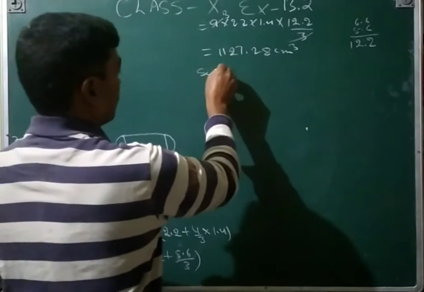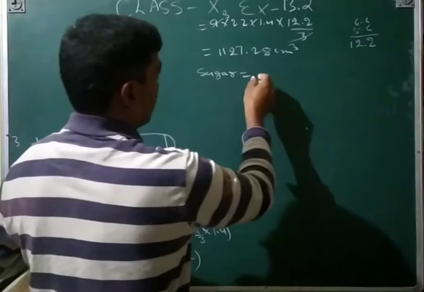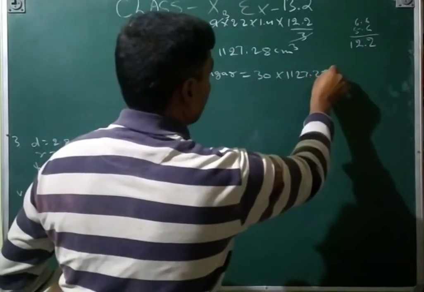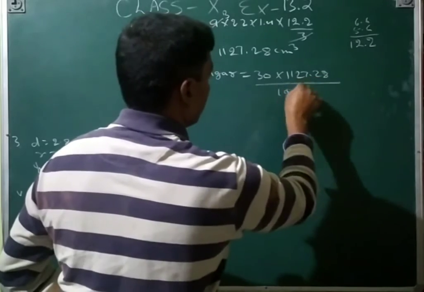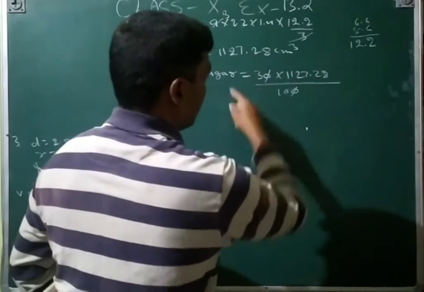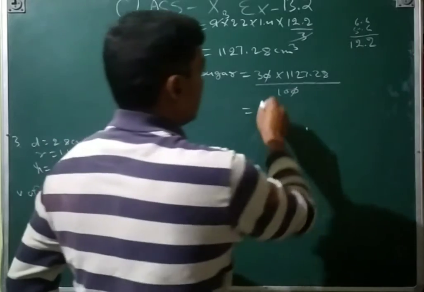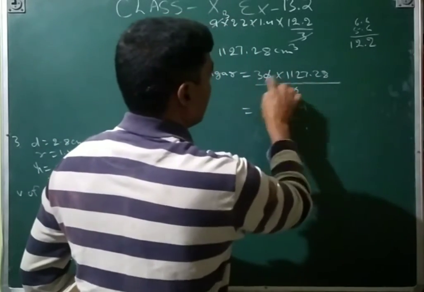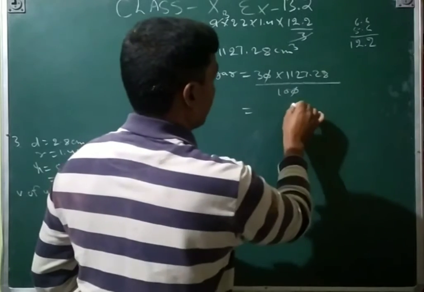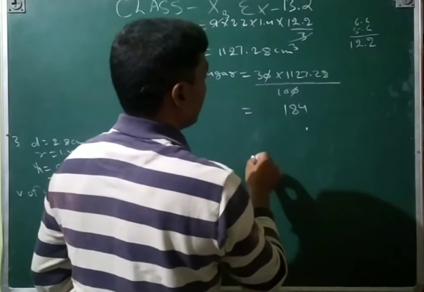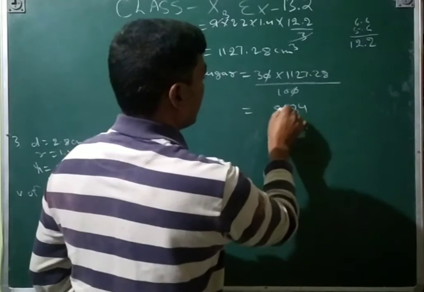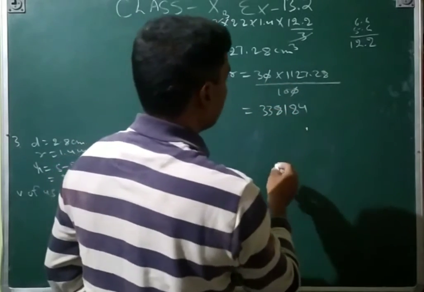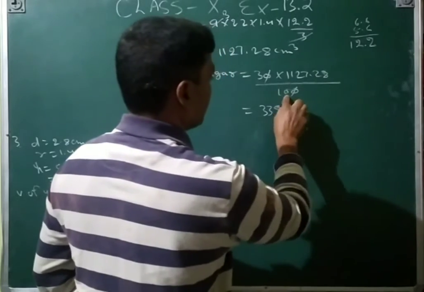So the sugar is equal to 30% into 1127.28 upon 100, that cancels. Now we do the multiplication, and we place the decimal here because of the 0.